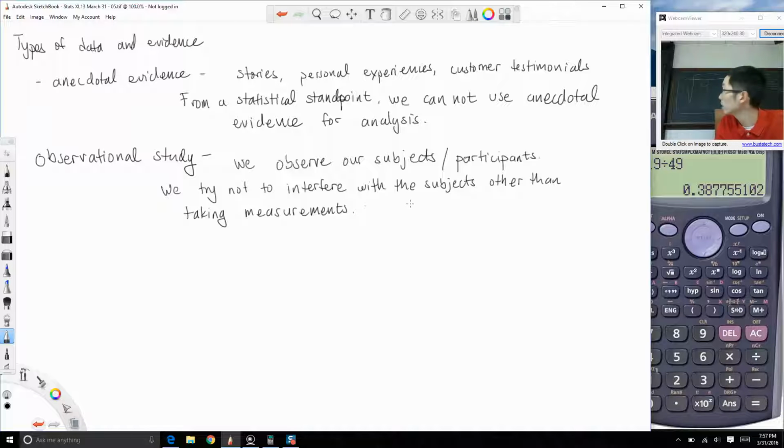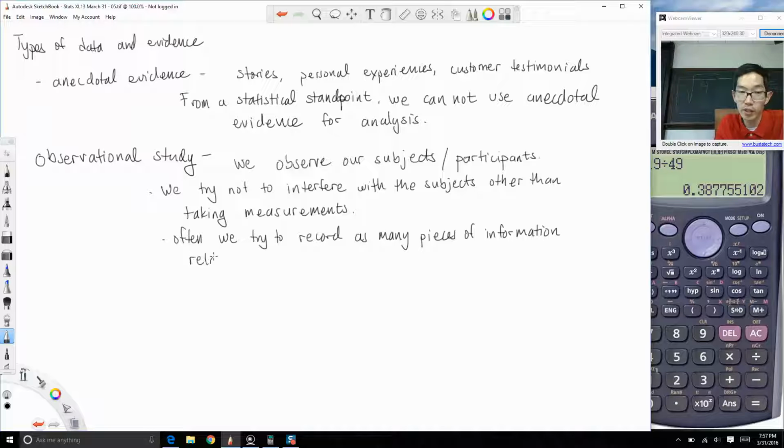And often we try to record as many pieces of information related to the outcome as possible.